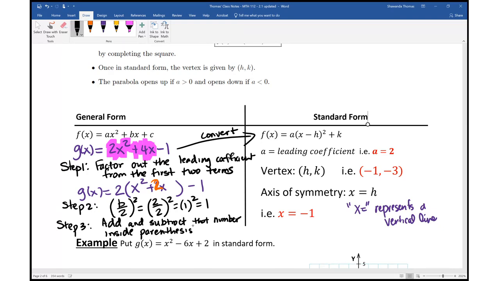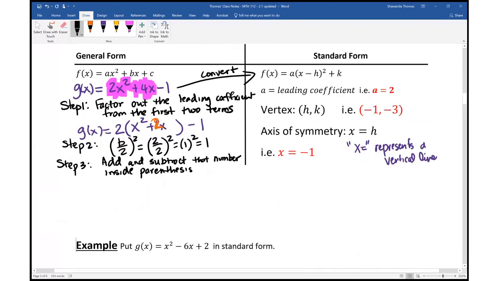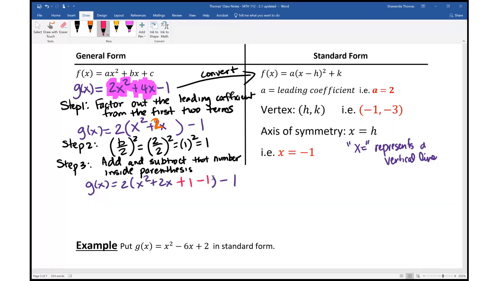All right, so we have g of x equals 2 times (x squared plus 2x, plus 1 minus 1). Step 4, recognize the perfect square trinomial.